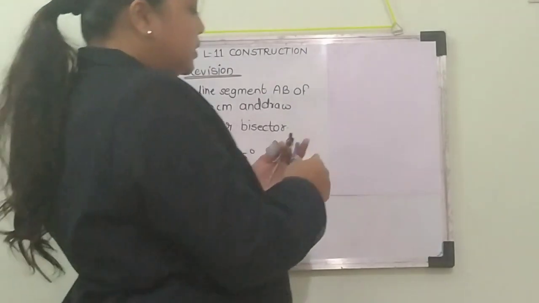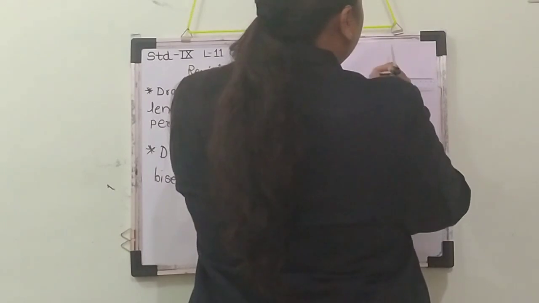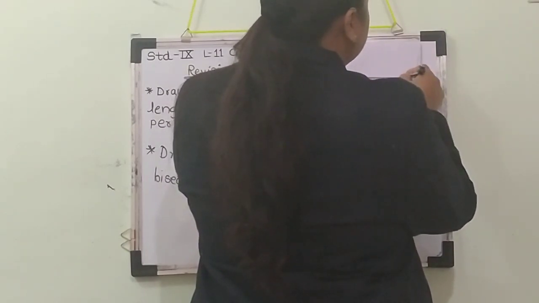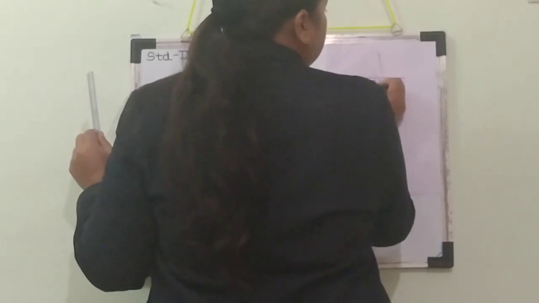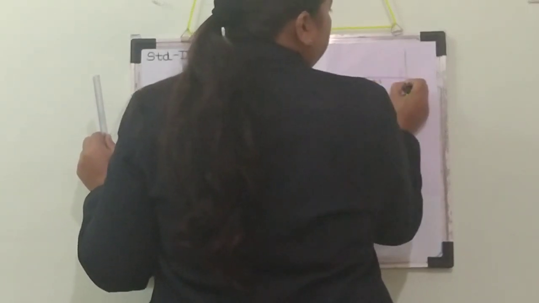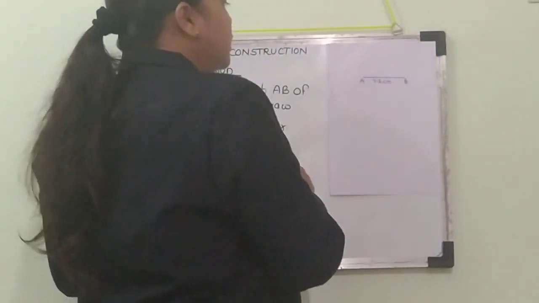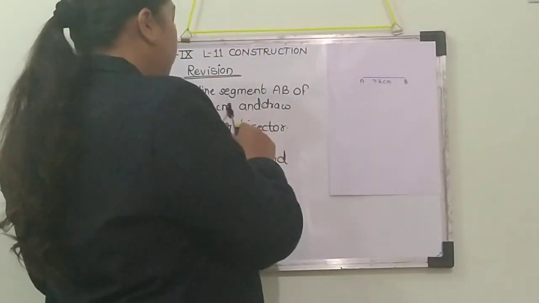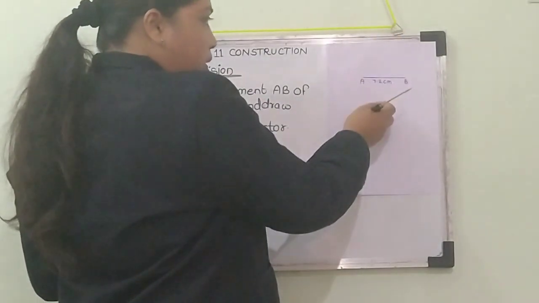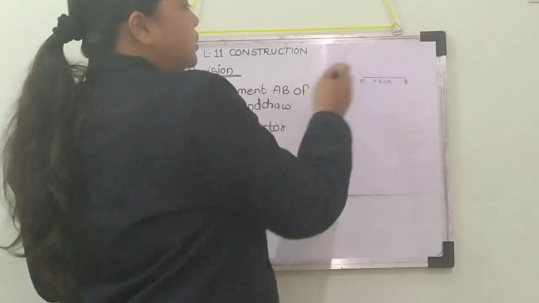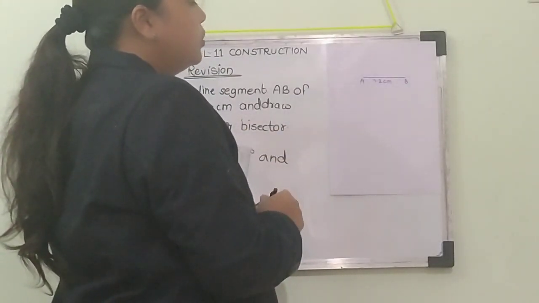For that, what do we have to do? We have to draw a line segment of 7.2 cm. Suppose it is the line segment AB of 7.2 cm. Then we have to draw the perpendicular bisector. It means we have to draw the perpendicular, and also the line segment is divided into equal parts.